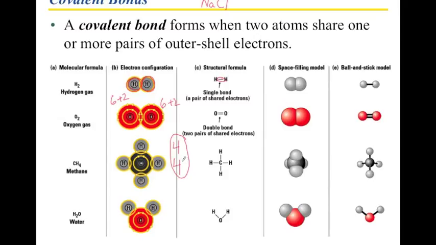That makes it very happy. Likewise, each of these hydrogen atoms is going to be able to share 1 of the electrons from the carbon, and each of the hydrogen atoms feels as if it has 2. And so its outermost shell is filled, and it is very happy as well. And this is how we form covalent bonds.